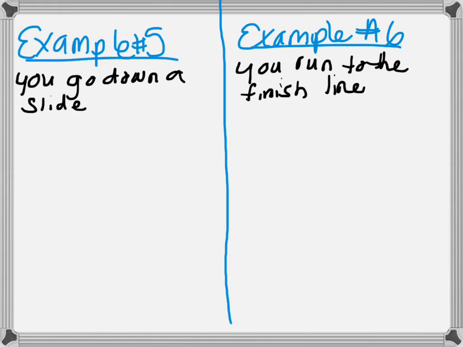Okay, I'm going to include these last two just because I know this is more difficult. So here you go. First one, example 5. You go down a slide. So here is my person. You're going down a slide. So to go down a slide, that means there must be gravity, right?